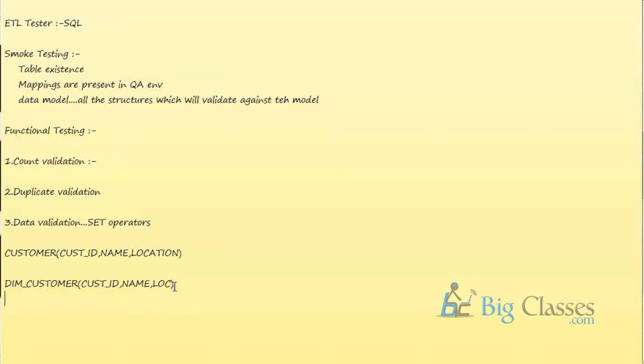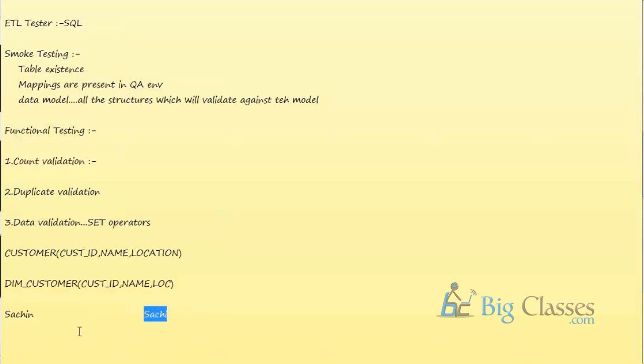Let's take an example. Let's say the customer name is Sachin, and when the ETL developer developed the program, because of some precision issues, it loaded only Sachi. So what happened? The name column is not matching. In the source you have the value Sachin, but in the target you have the value Sachi.